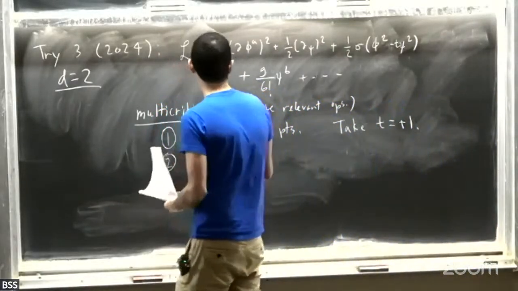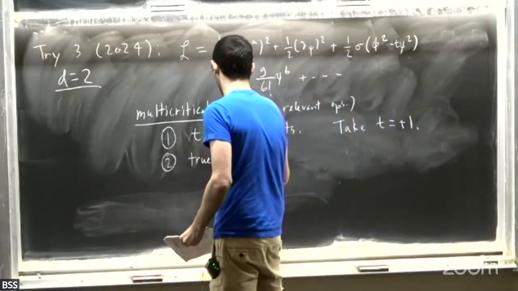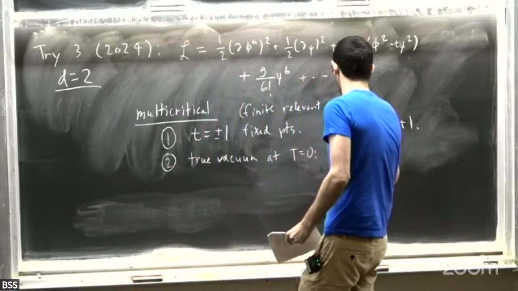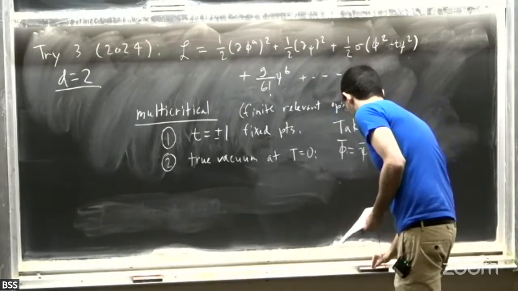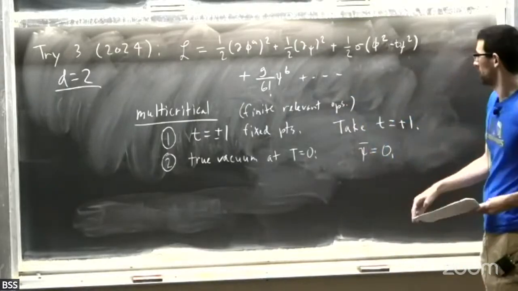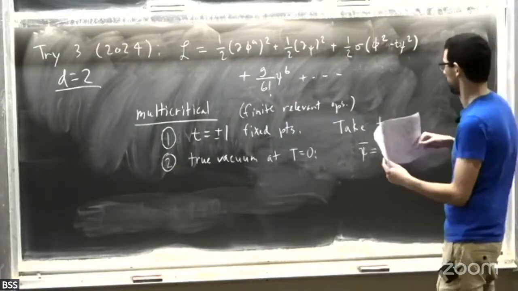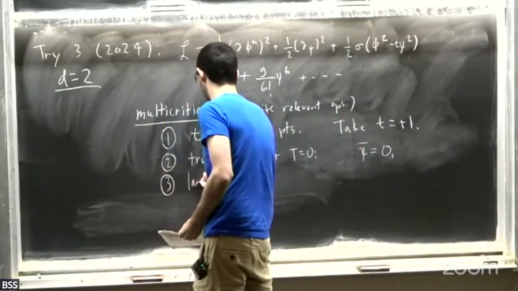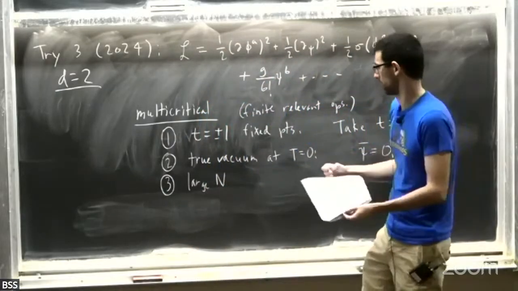The second thing one can do is check that the true vacuum is at t equals 0, with phi bar and psi bar equal to 0. I don't strictly remember phi bar, but the vacuum at t equals 0 is symmetric. And third, the large N controls this computation of the effective free energy.